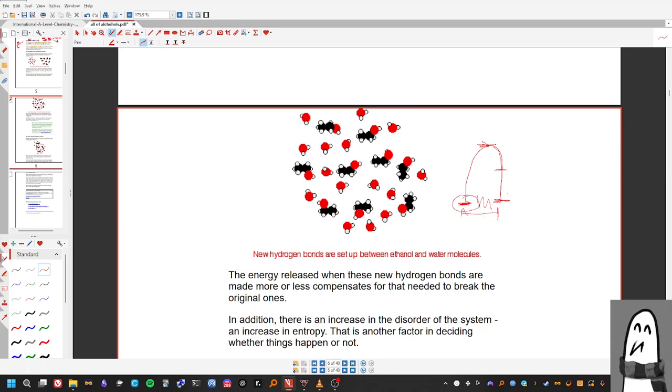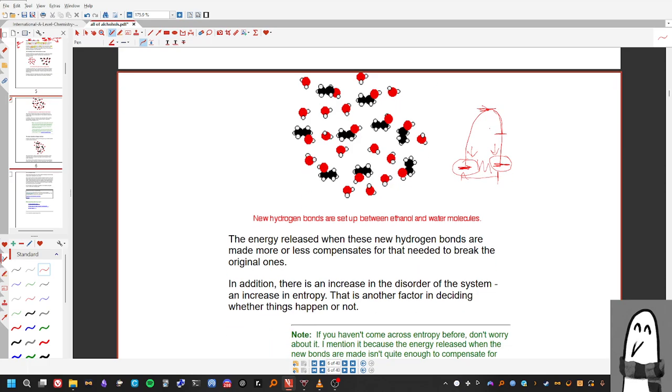The energy difference between the products and the reactants is not that different. That's why this process doesn't require any energy input. They are soluble naturally. So again, we have the reactants and the products, and they are pretty much on the same energy level. Maybe one is a bit higher. And when you input energy, you have to reach a certain amount. That's going to be the activation energy.